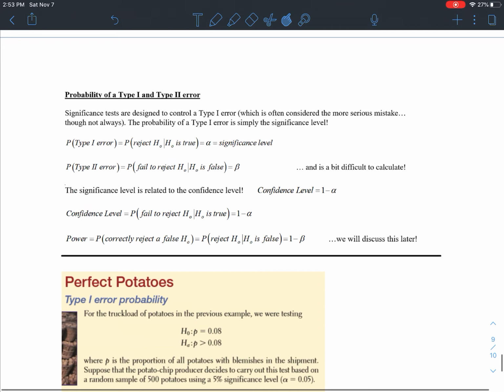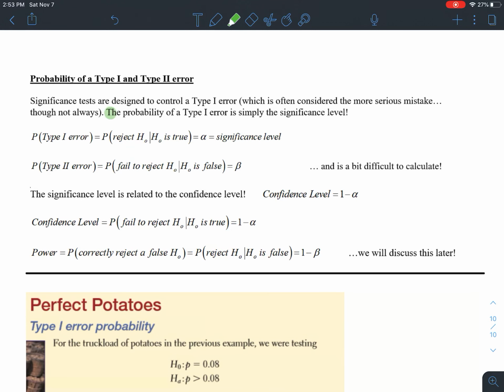One last thing I'm just going to highlight here on the next page is when we talk about the probability of a type 1 error or a type 2 error occurring. The probability of a type 1 error is actually quite simple. A type 1 error is when you rejected a null hypothesis and in reality that null hypothesis was actually true.